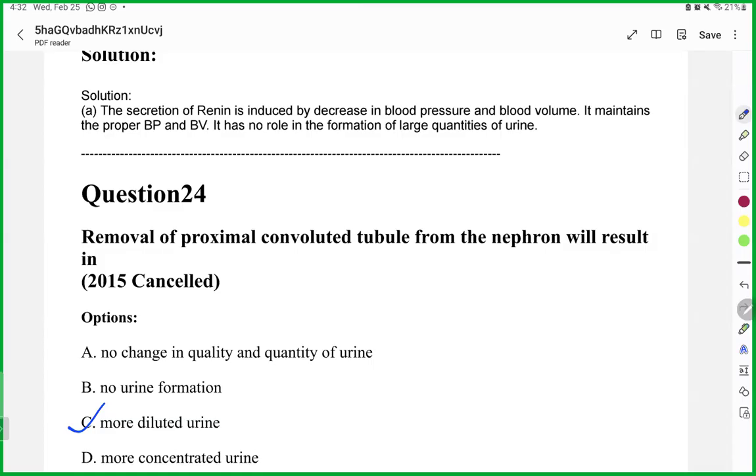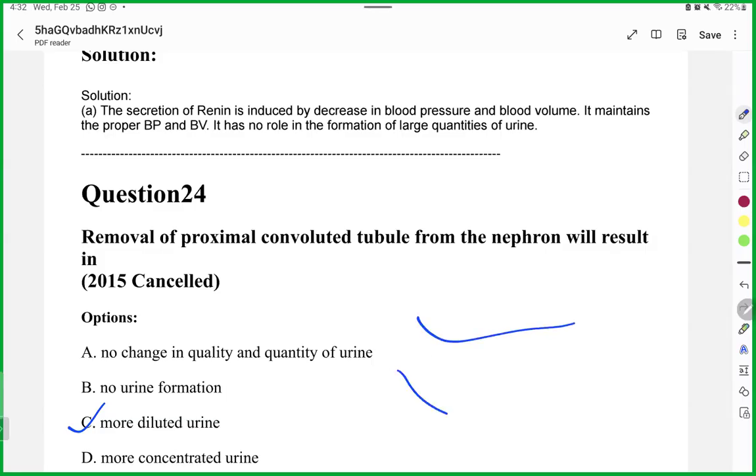So this water will not be absorbed. If no water is absorbed, what happens? More diluted form. There are two things, water and electrolyte. No doubt, both will not be reabsorbed. But which amount is more, electrolyte or water? Water. Correct. That's why more coiled, more surface area, more absorption.